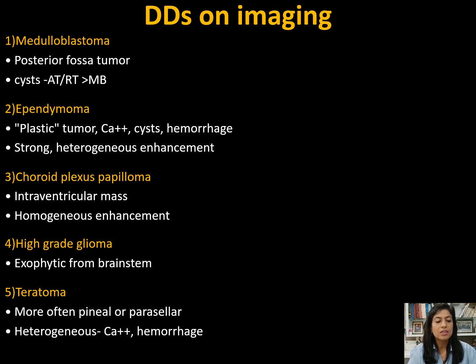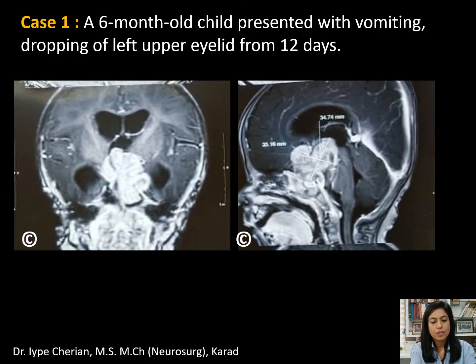The fourth is the high-grade glioma. There may be an exophytic growth from the brainstem. And the next is the teratoma, which is more often in the pineal or the parasellar location. Now, these are heterogeneous masses on imaging, and this may be due to calcification or hemorrhage.